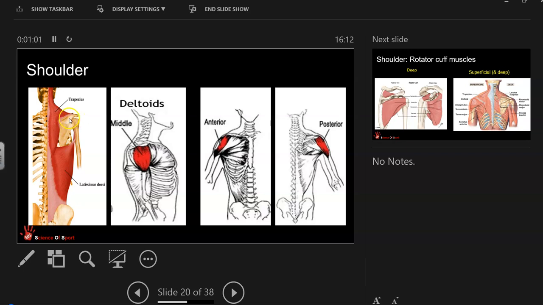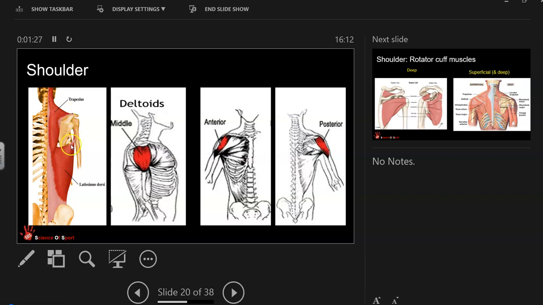If we were to pull or retract our scapulae, it again would be our trapezius contributing towards that movement, as well as other muscles like rhomboids. Also pulling the shoulder down, depression of the shoulder girdle, the trapezius would pull down and contract in that way as well. So it's quite a multifunctional muscle.